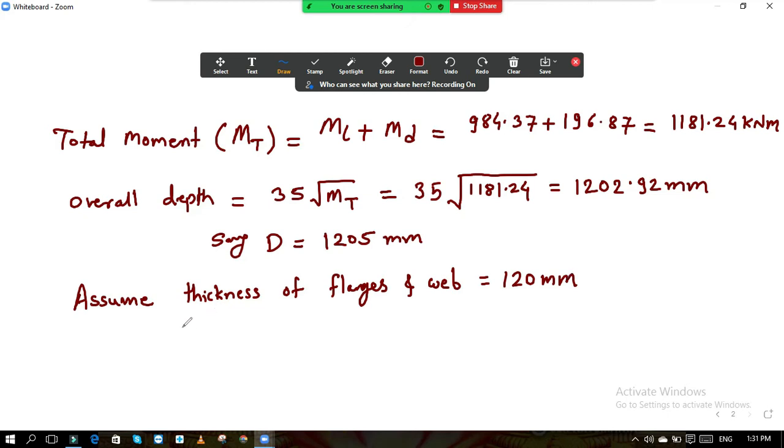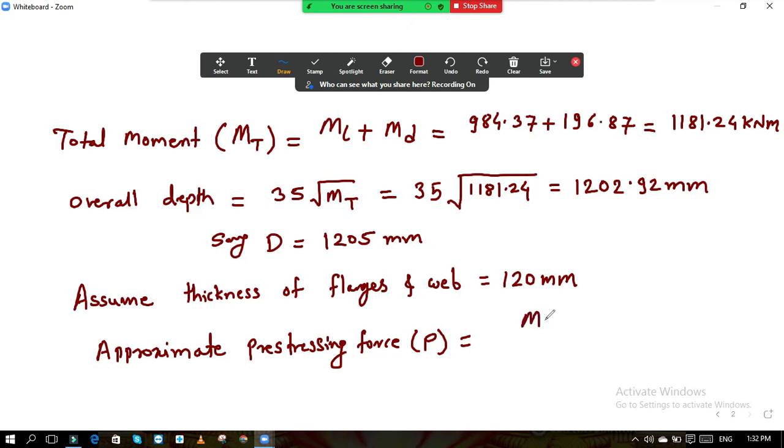Now also, we will calculate the approximate prestressing force P. P is equal to M_L divided by 0.65d.